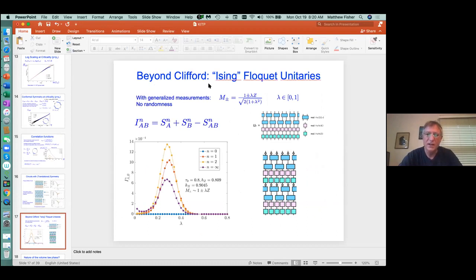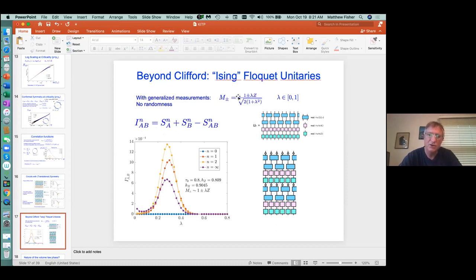One can go beyond the Clifford circuit by looking at much smaller system sizes, where one can still make progress on the computer. And here's some data shown for the mutual information at different Renyi indexes n in a circuit in which one has Floquet unitaries, which are of sort of an Ising form, and with generalized measurements, not projective measurements as I've been describing before. And here there's a parameter lambda, which measures basically the strength of those measurements.